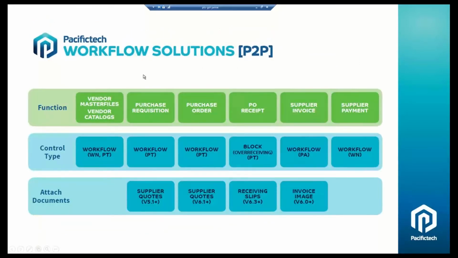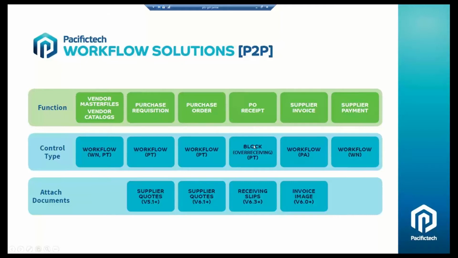This slide is really showing the whole P2P, the whole procure to pay process. In these green boxes are the 6 main steps of P2P within any ERP system. The second row shows the controls that our modules are providing. What you can see here is that for 5 of the 6 areas, we've got a workflow in place.